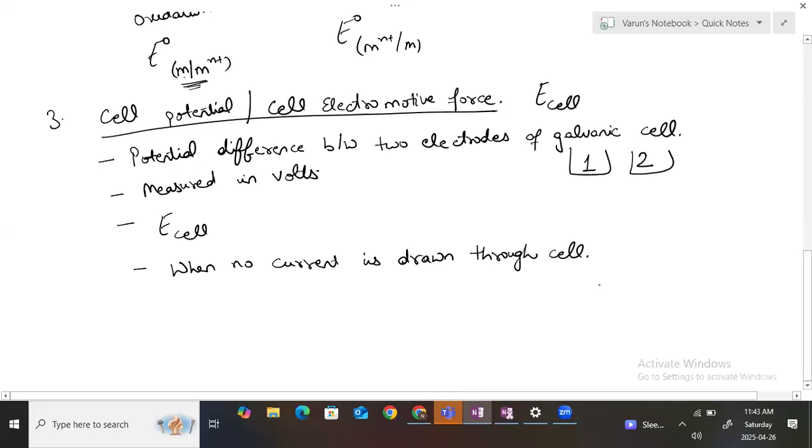Now, how to find out the cell potential? The formula is E cell is equal to E cathode minus E anode. Basically, the potential of the cathode minus the potential of the anode.